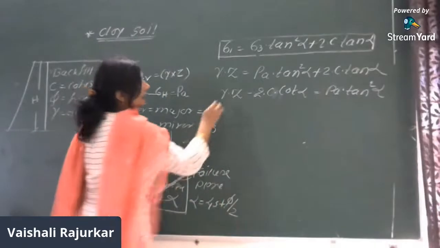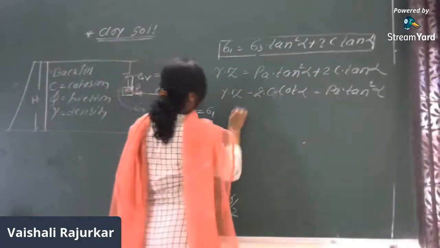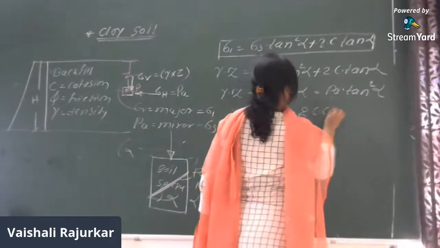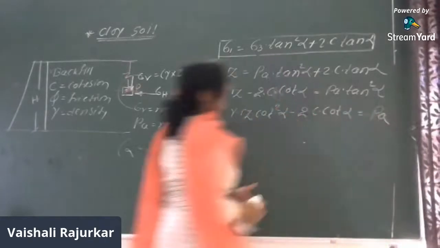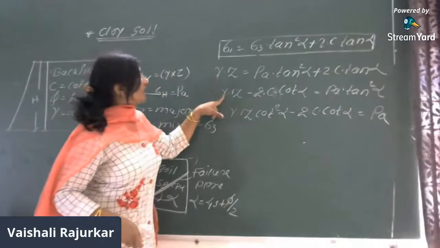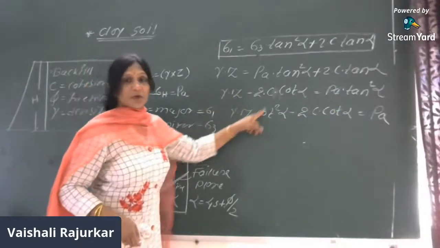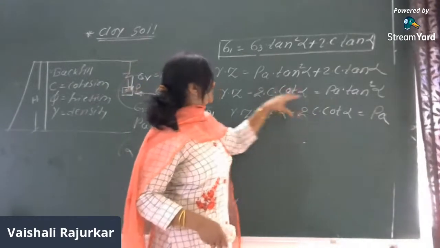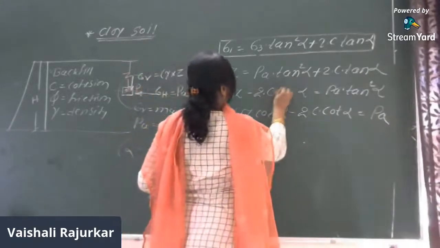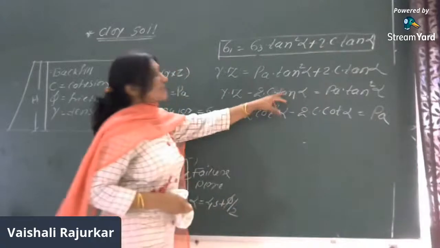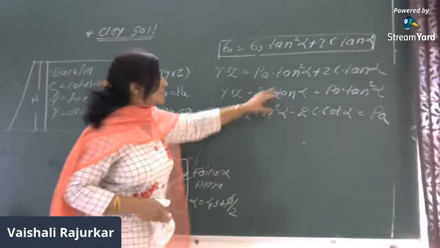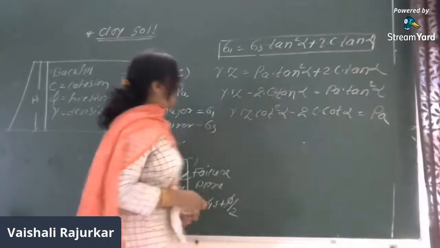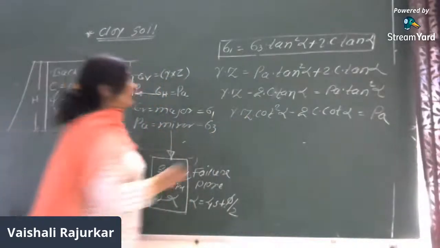Now we take this tan square alpha to the bottom, so it will be gamma into Z cot square alpha minus 2c tan alpha divided by tan square alpha. The tan will cancel, and 1 by tan is cot alpha. So gamma into Z cot square alpha minus 2c cot alpha is PA.